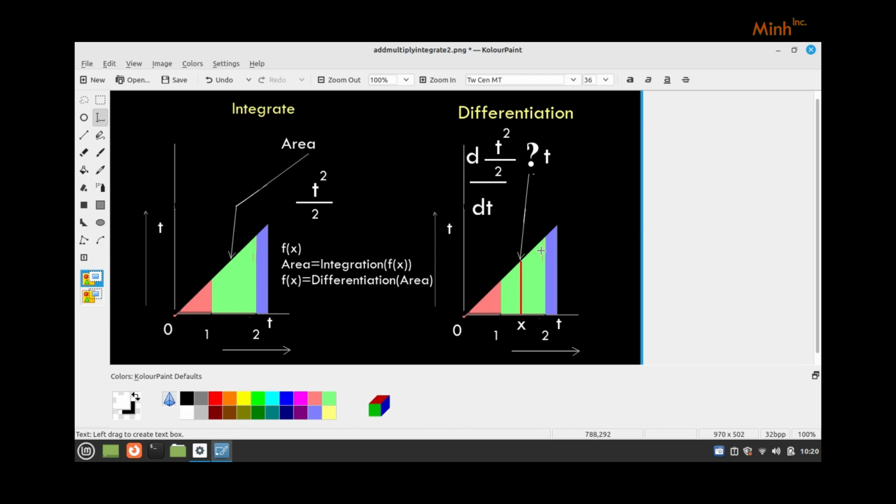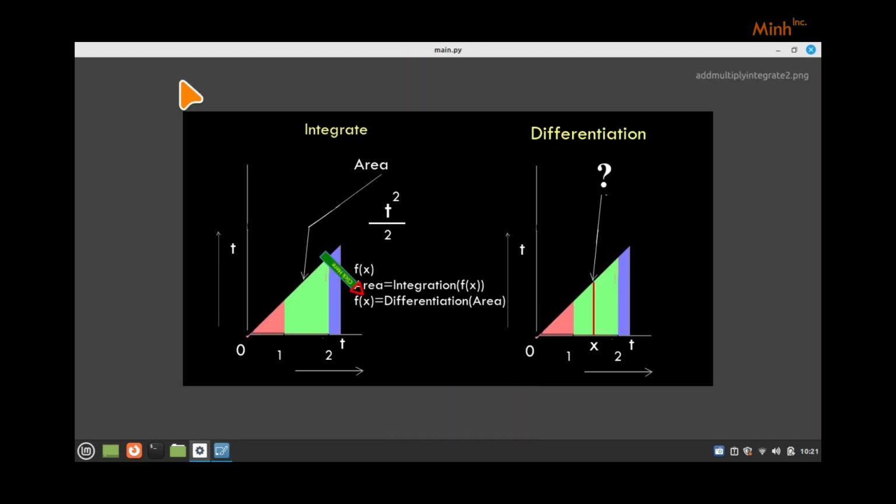This is how we denote differentiation. If that is the case, then it comes to t, because this is the reverse of the integration. So this is the concept of differentiation. If we know the function, then to get the area we have to do integration. If we know the area, then to get back the function we do differentiation. Okay, so that is how it is.